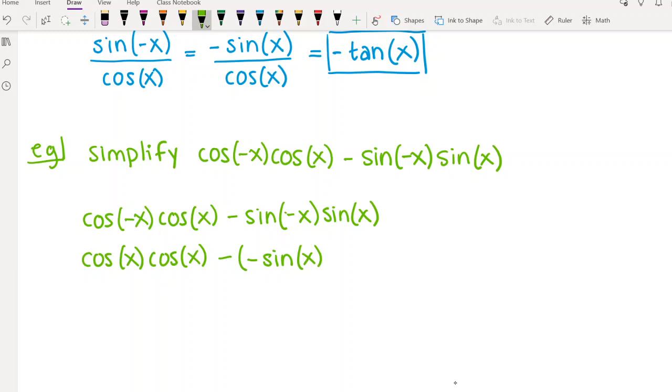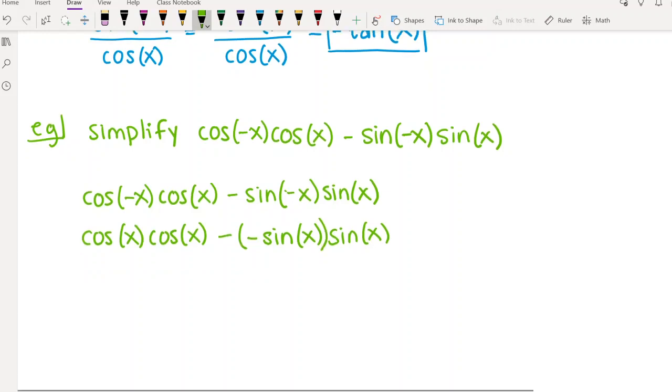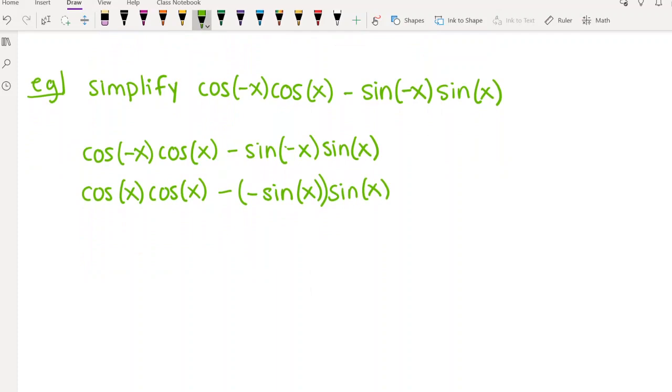And then we still have this sine of x. I should put a parenthesis somewhere, I'll put it here. These two negative signs can combine, and we can now rewrite things as being squared. So cosine squared of x plus sine squared of x. Now we can see that this is our Pythagorean identity, and that this is going to be equal to 1.